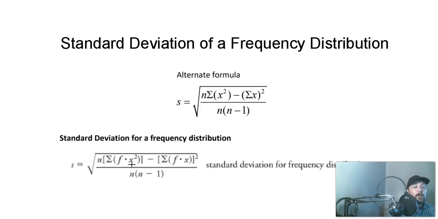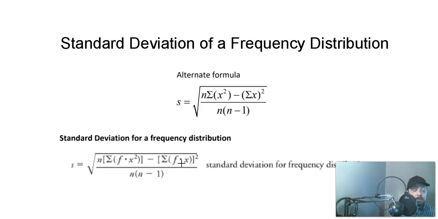So this is the formula for the standard deviation for a frequency distribution, and you can see why it looks different than what we saw earlier, because this actually is more in line with the alternate formula for the standard deviation. And so we have x squared times the frequency, where x is the class midpoint, squared, times the frequency for that class, and then we add all those up, and that gives us this term here, which we would then multiply by n, which is the number of data values in the data set, minus the sum of the frequencies times the class midpoints.